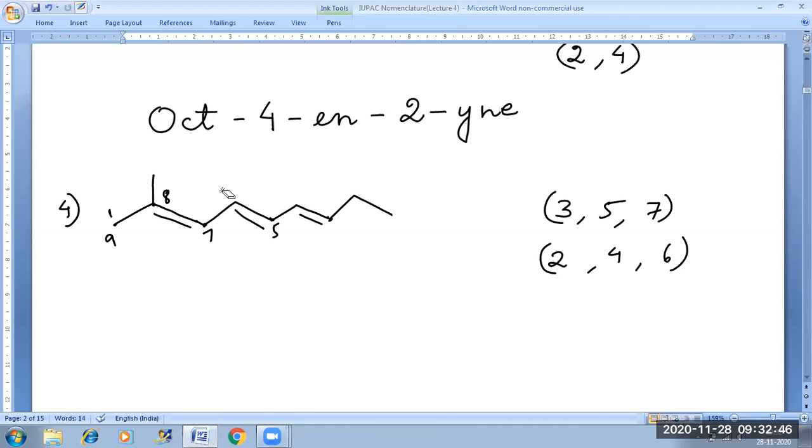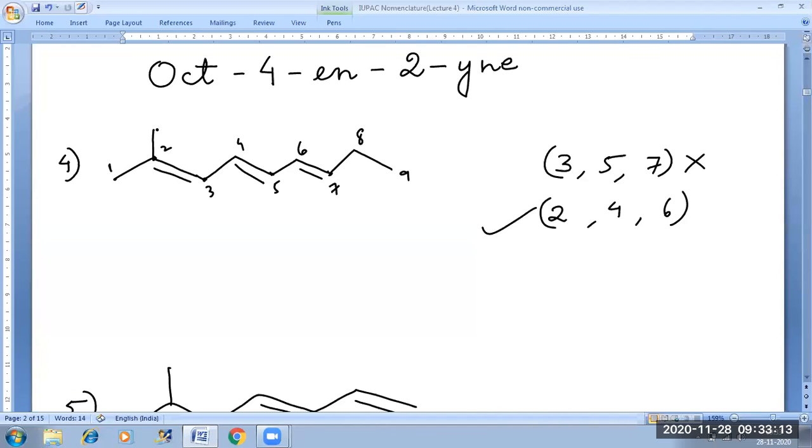That means the way of numbering should be this. So this is correct and this is wrong.